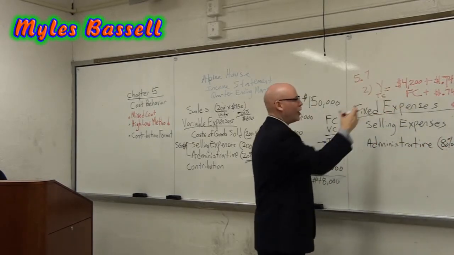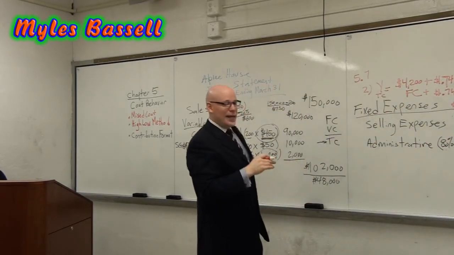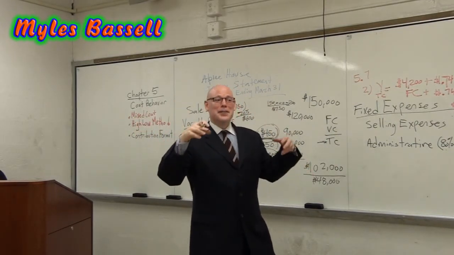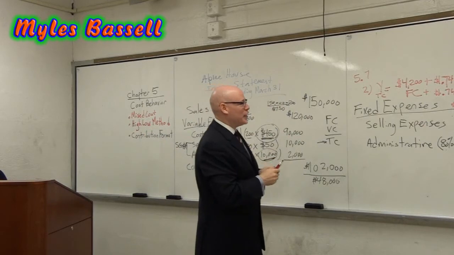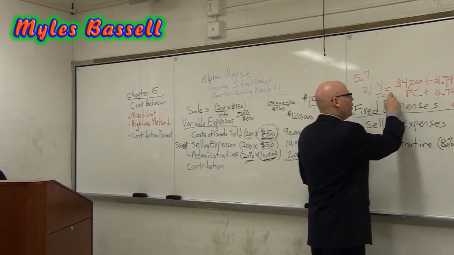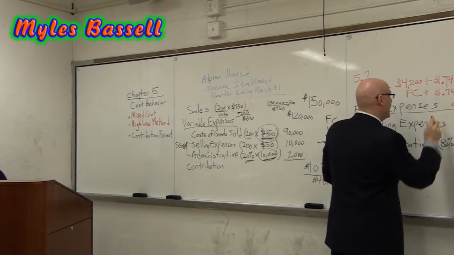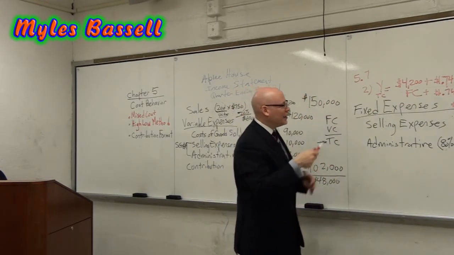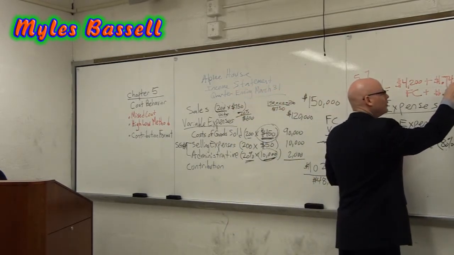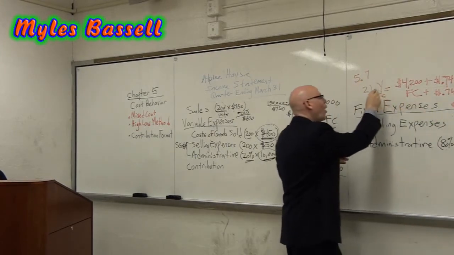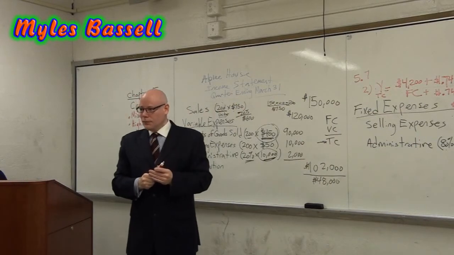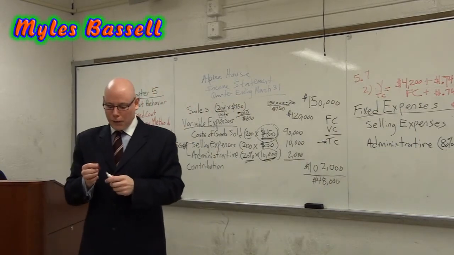The reason why this is helpful, and why we go through this with the skis and the coffee, is because ultimately what we want to do is get an equation like this, so that we could determine at a given level of activity, X, what our total cost is going to be. That's what we're trying to figure out.